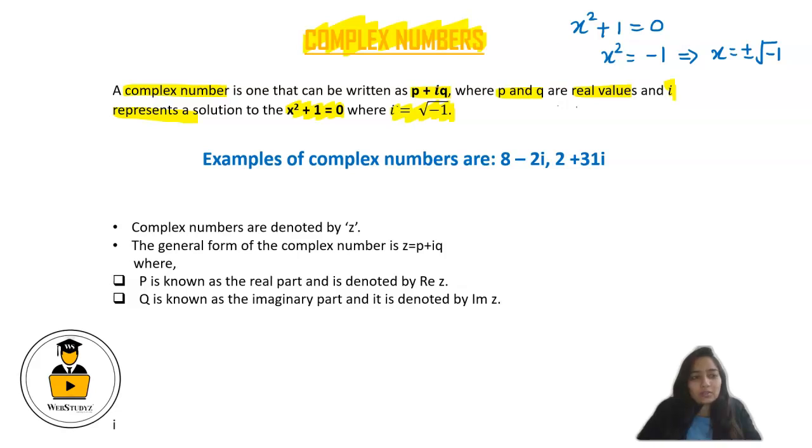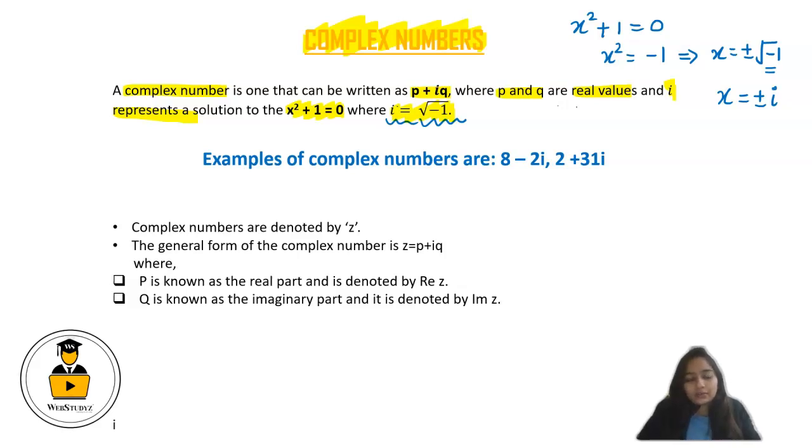It is not defined. So we define it with the help of iota, that is the imaginary number. We take the under root of minus 1 as iota, so the answer is x equals plus minus iota. So this is known as an imaginary number.